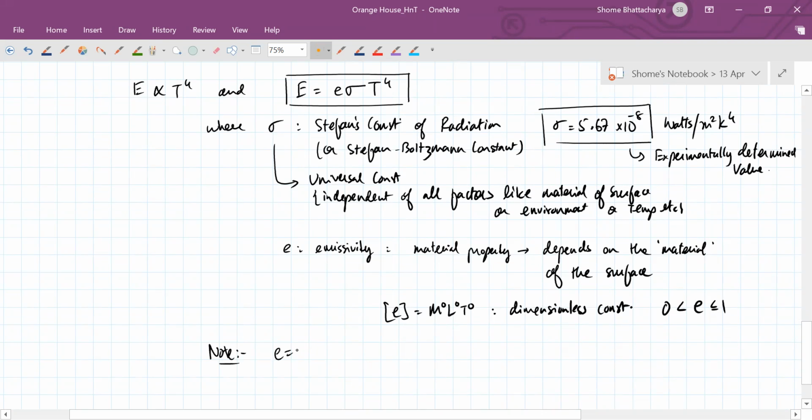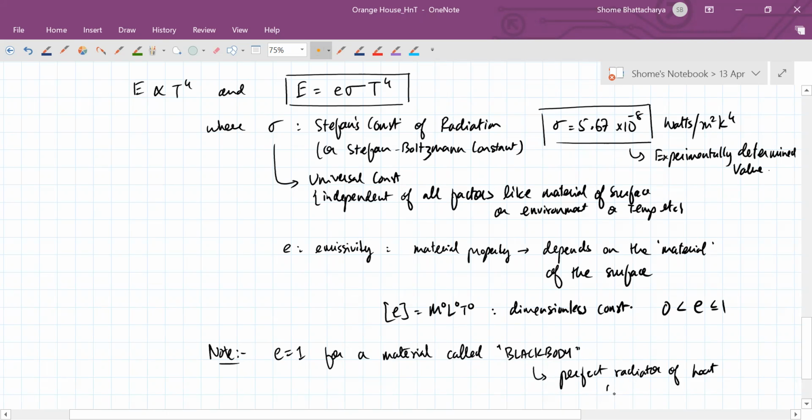Now, the emissivity value is equal to unity or 1 for a material called a perfect black body, which you can think of like the perfect radiator of heat, because it has maximum emissive power compared to all materials.